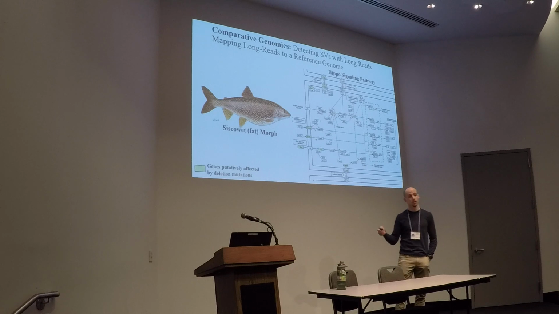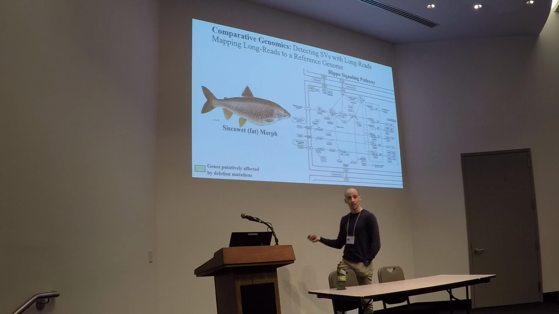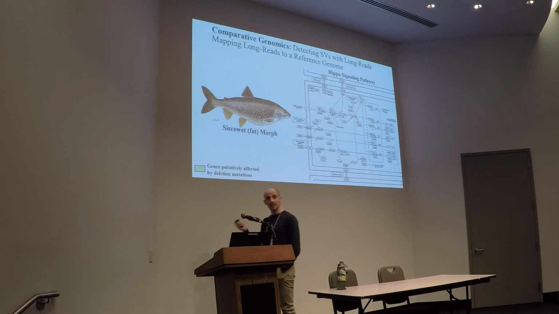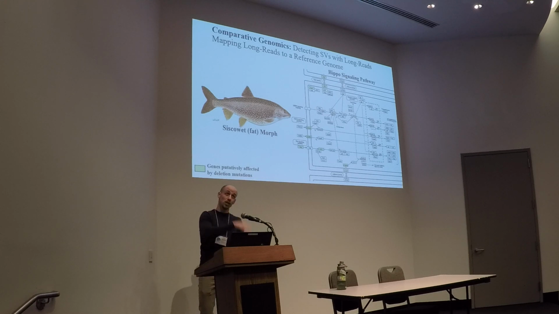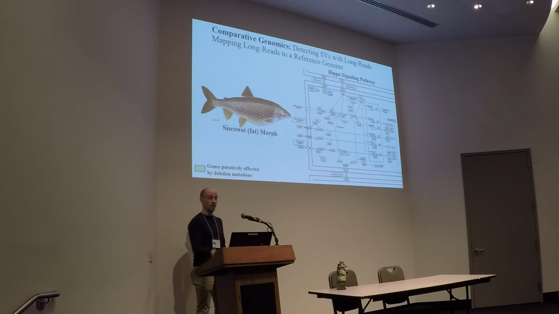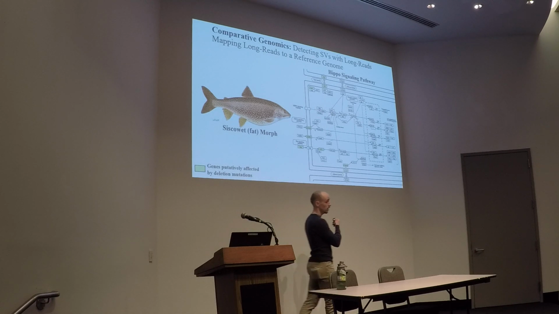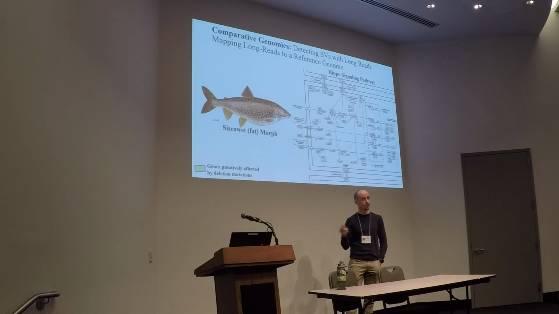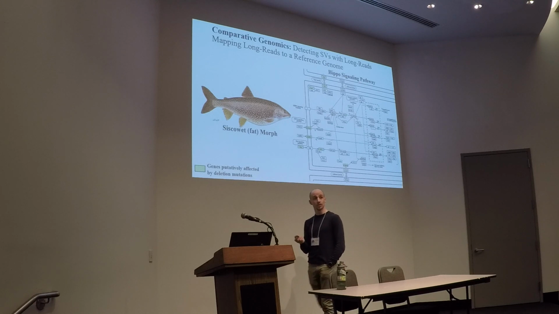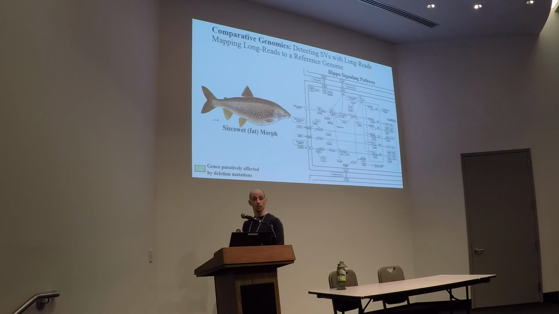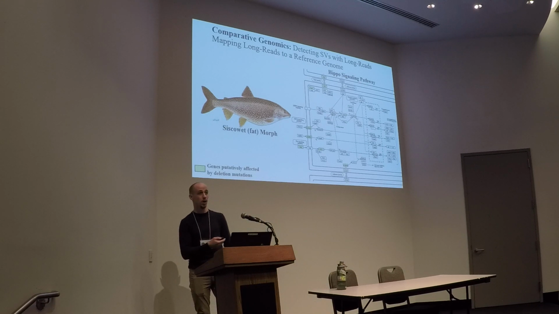Each box represents an enzyme, and the green boxes are enzymes whose gene has been affected by a putative deletion mutation in Cisco-wet. We identified about 200 genes affected by deletion mutations, and 7 of those occur in this one metabolic pathway.